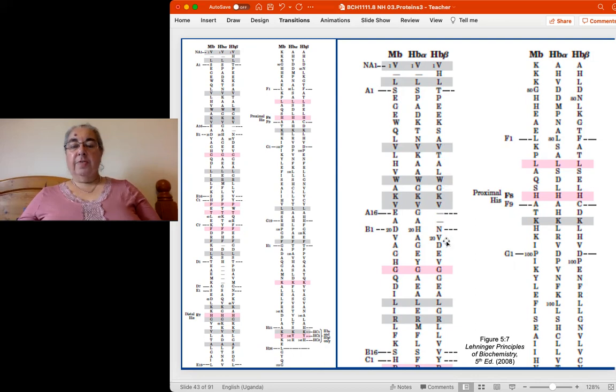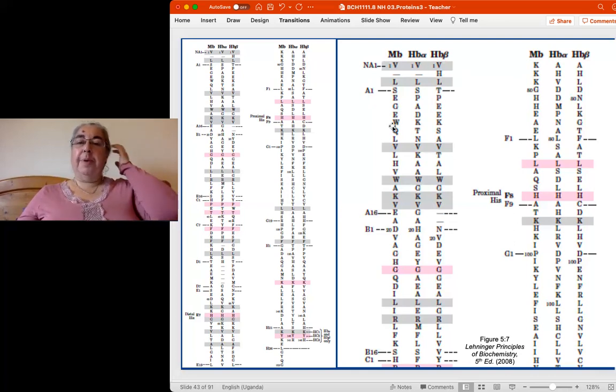So this sort of comparison of polypeptide chains helps to know which are the conserved amino acids, which are the amino acids which are the same in these different proteins.